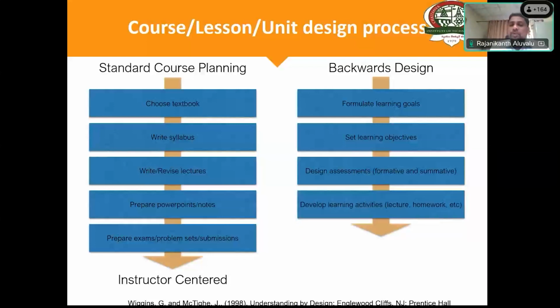Then, after assessments, we need to develop the learning activities. Whatever the outcomes that are in place, now we have to design the activities. Whether we would like to have a lecture, a role play model, or a jigsaw approach, whether we want to make it blended, giving some home assignment to the students and coming back, or giving some peer learning, like think-pair-share, the four corner method, etc. So we need to develop various kinds of learning activities for the outcomes that are in place, for the assessments that are already designed.